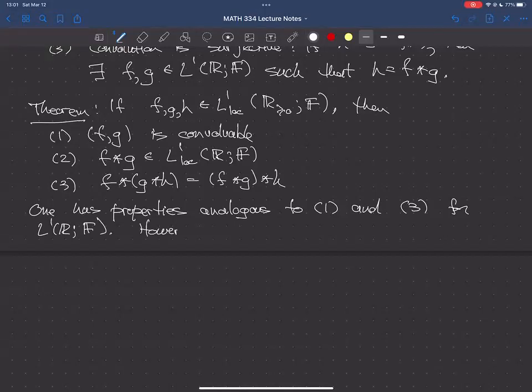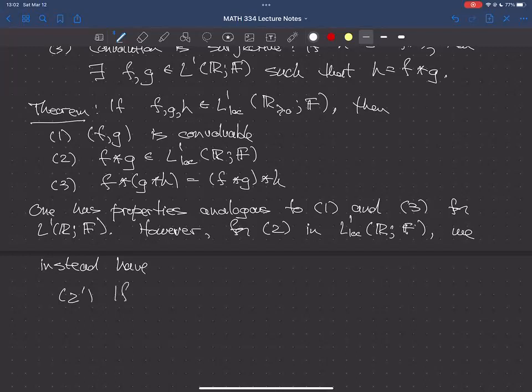However, for 2 in L1 loc, we instead have 2 prime, which is that if F and G in L1 loc are non-zero, then so is their convolution.